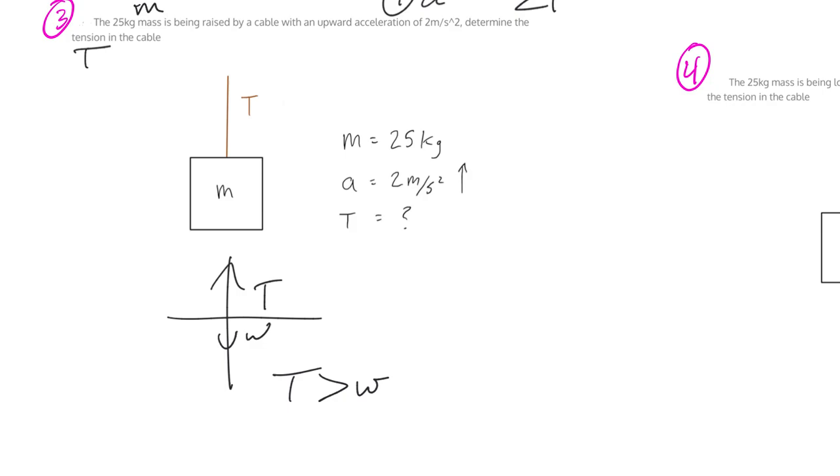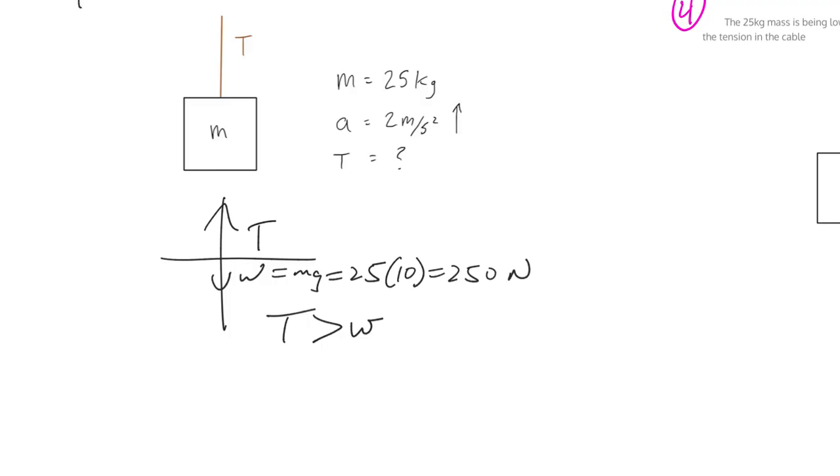Okay, so what are we looking for? The tension. Tension does not equal the weight, but I do have to find the weight. Weight equals mg. That'd be 25 times 10, which is 250 newtons. Okay, so how do you solve it from there?